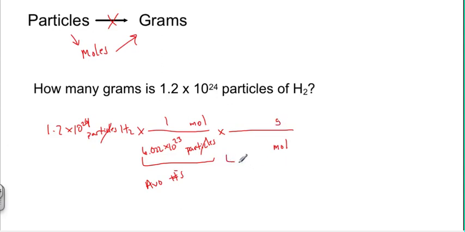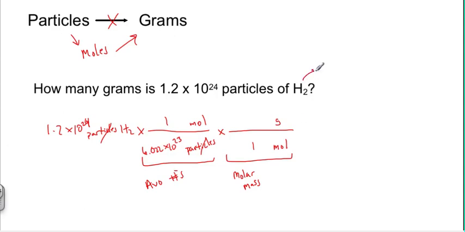And so right here we should see grams per mole. This is going to be molar mass. And so I have 1 mole here, and I need to ask myself, well, what's the molar mass of H2?